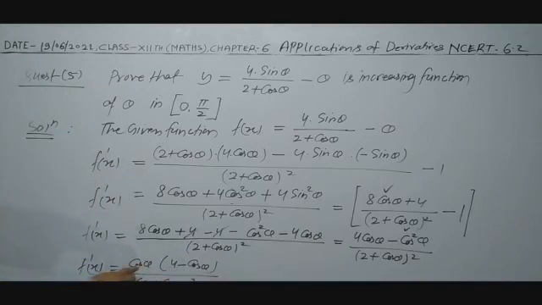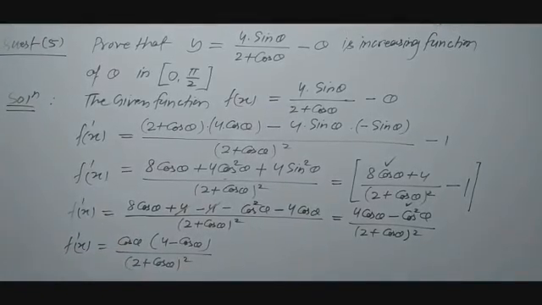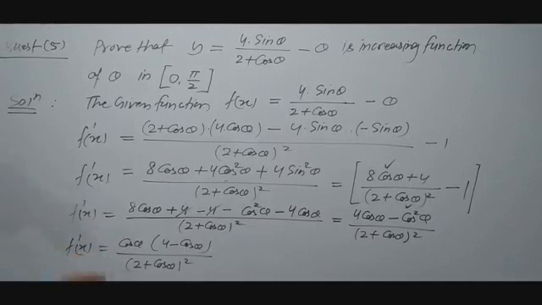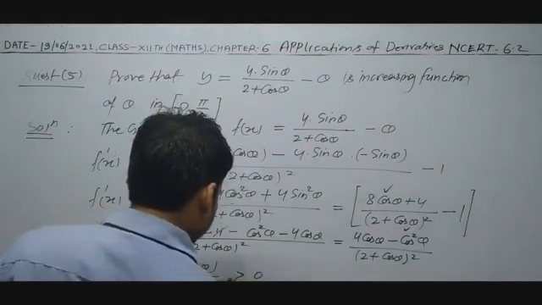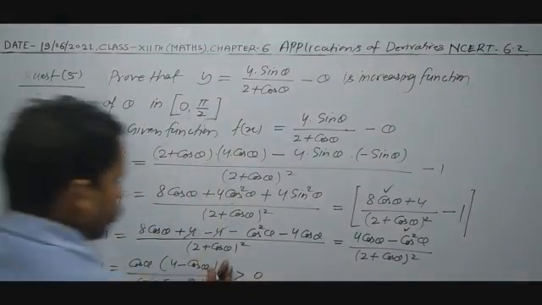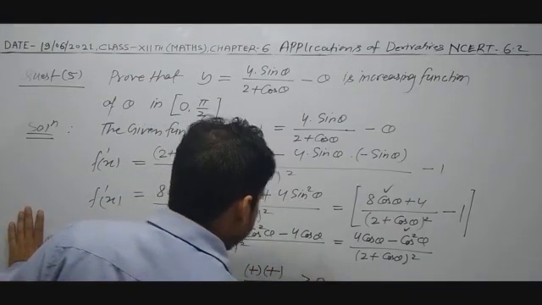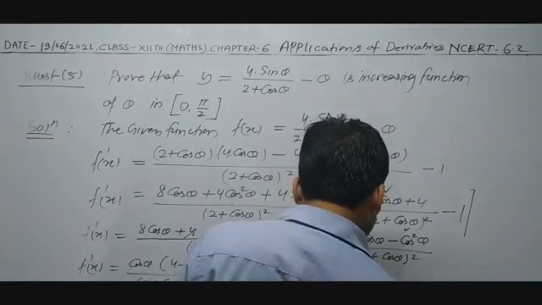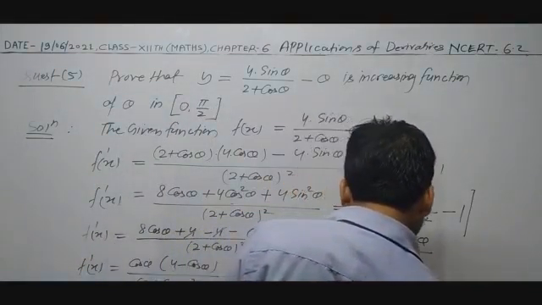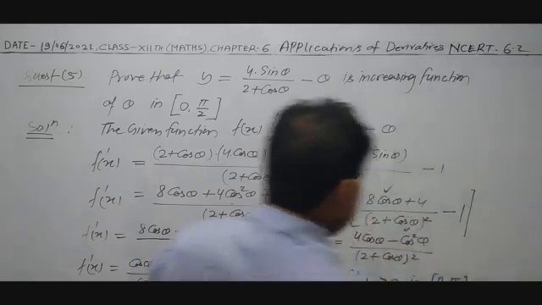So this whole of three terms is positive, so f dash x is greater than 0. That means plus plus upon plus, this result is greater than 0. Now you can say f dash x is greater than 0 in 0 to pi by 2.